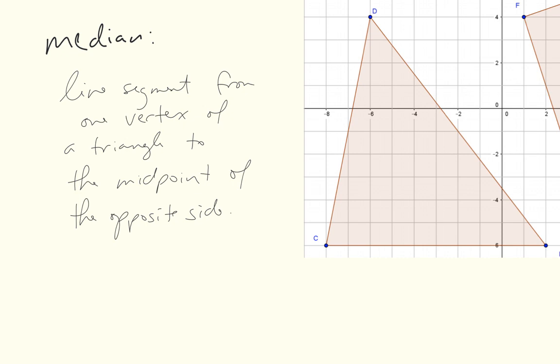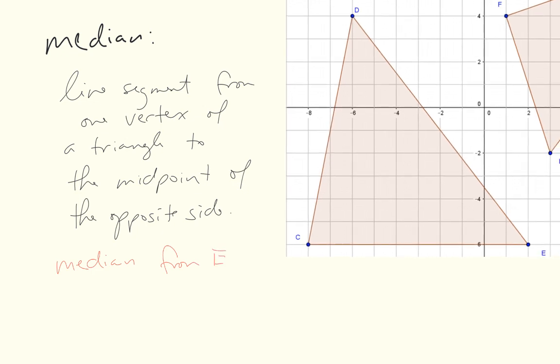So right now we're going to draw the median from vertex E. Here it is right there. So if the median goes from vertex E to the opposite side, and where does it hit the opposite side? It hits it at the midpoint.